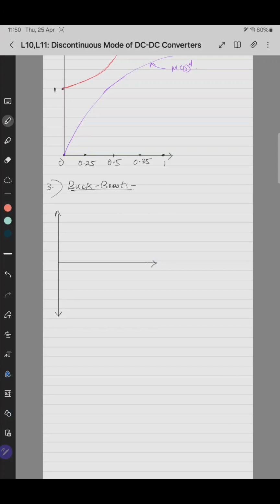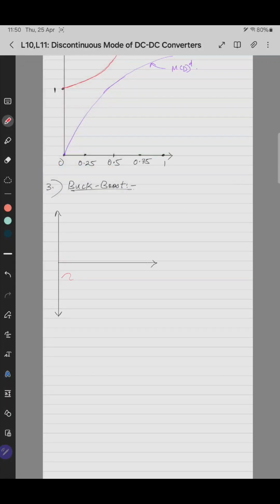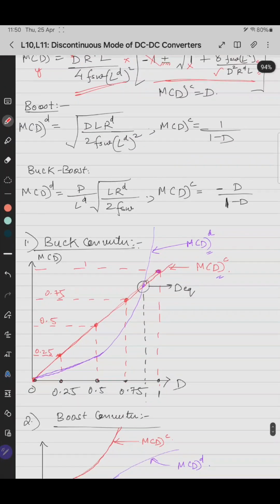And for a buck boost converter, it is like this. M of D for CCM is negative, so minus D by 1 minus D. It starts from 0 and then it falls like this. And M of D for DCM is almost similar to y equals mx, so constant gain.